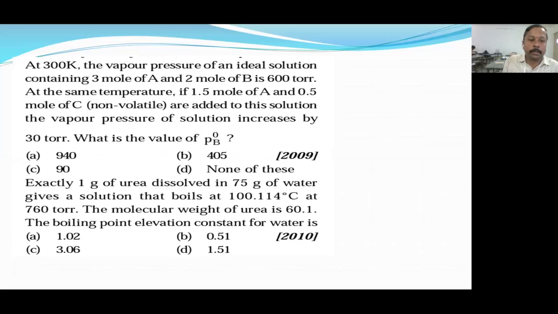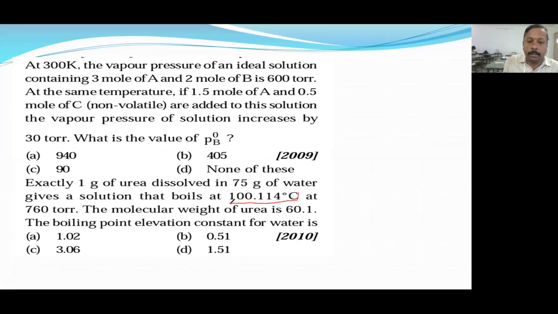Okay, the next question is: exactly 1 gram of urea is dissolved in 75 grams of water. A solution boils at, okay, water means you can take it as the boiling point of the solvent, as water only. Understood? Now, here next what is given, that means this is changed here.